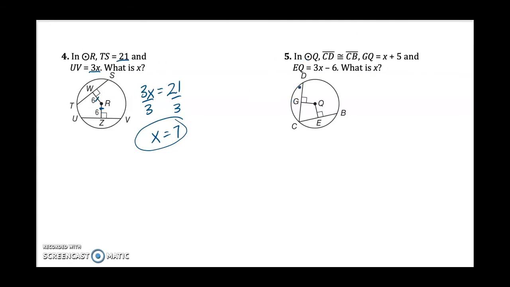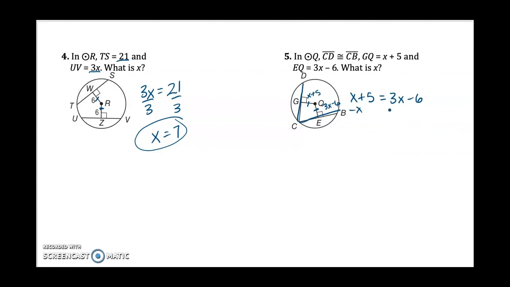Alright, number 5. It tells us here that CD is equal to CB, and we know that if these chords are equal, they are equidistant from the center. GQ is equal to x plus 5, and EQ is equal to 3x minus 6. Because these chords are the same, these two things should be equal to each other, so that allows us to set up an equation: x plus 5 is equal to 3x minus 6.